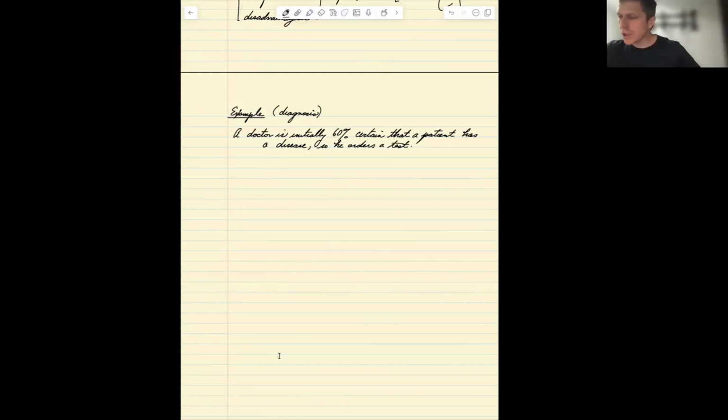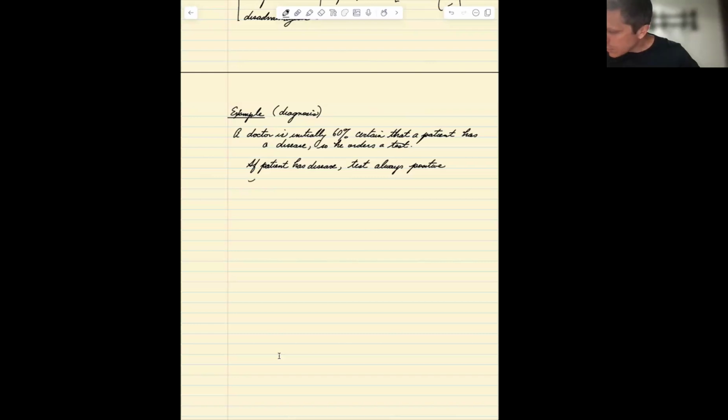So the test is ordered, and here are the conditions of the test. If a patient has a disease, the test always gives a positive result. The test is always positive, meaning the test always knows if the disease is there.